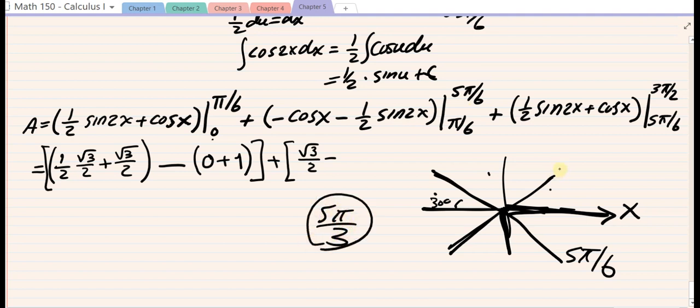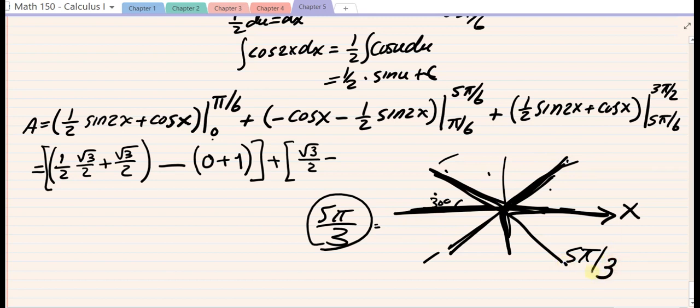So that's pi over 3, 2 pi over 3, 3 pi over 3, 4 pi over 3, and 5 pi over 3. So 6 pi over 3 would be 2 pi, right? 5 pi over 3, that's 60, 120, 180, there you go. 1, 2, 3, 4, 5 pi over 3. There.